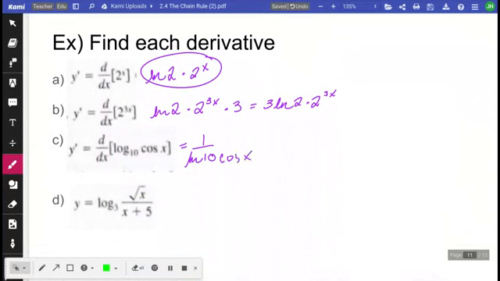So it's not unlike when you did natural log of x, you had 1 over x. Well, it's natural log of your base times everything, okay? And then I have to chain rule it, though. So the derivative of cosine is negative sine x. So I'll have negative sine x all over natural log of 10 cosine of x.